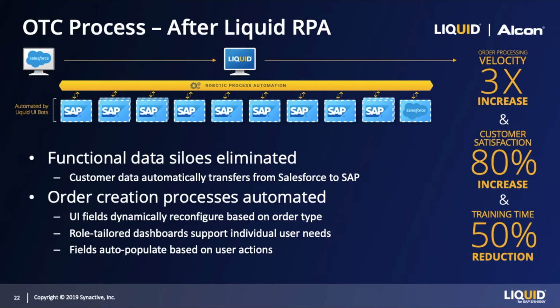So these all collectively have created and simplified an experience that, again, was less than optimal. So hopefully this has provided at least a window into the potential possibilities of Liquid UI RPA. And again, this is specific to the OTC process.